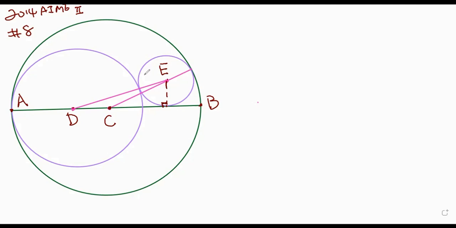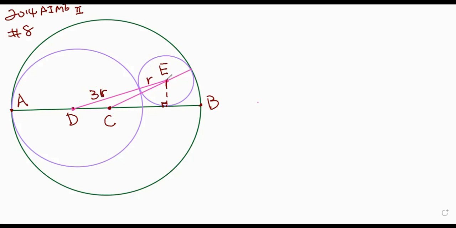Now, it also says the radius of circle D is 3 times that of circle E. So let us suppose the radius of circle E is R. Then the radius of circle D is 3R.